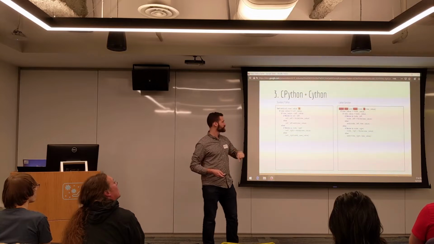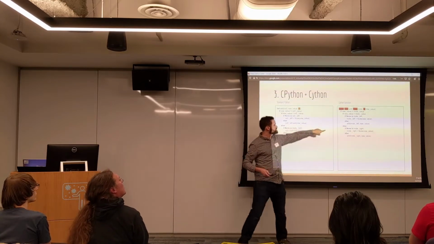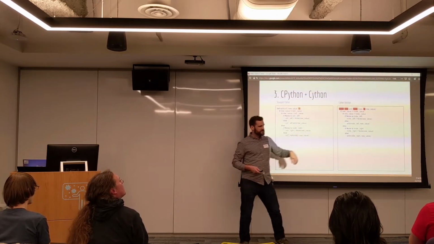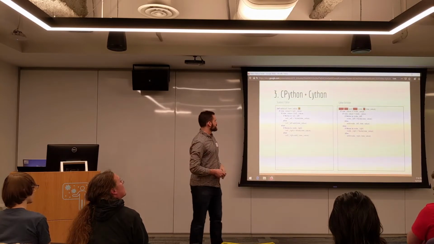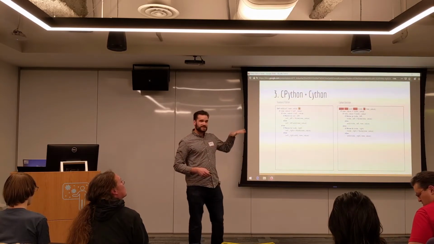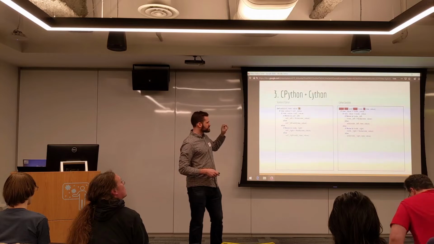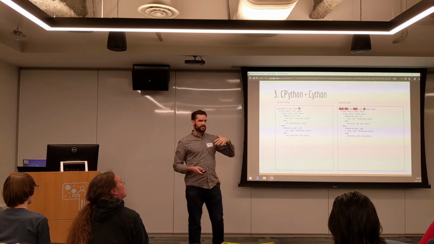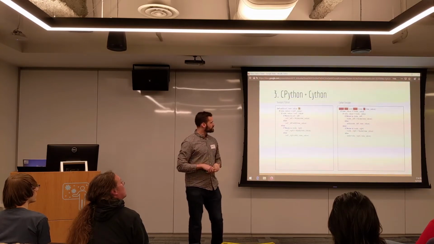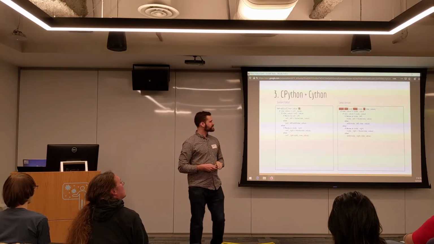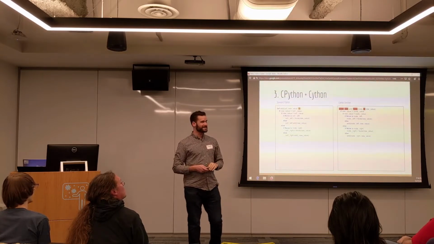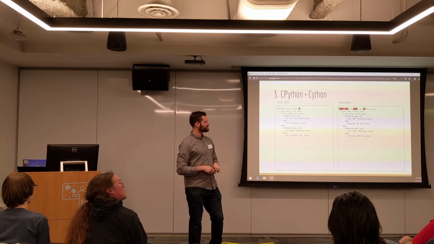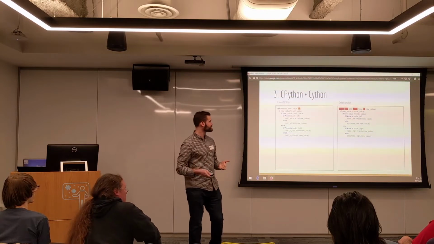So this is standard Python. This is the more optimized version of Cython. It's not a lot of changes, but it's not obvious if you're coming from Python. And even if you know both Python and C, it's still not all you need to know.